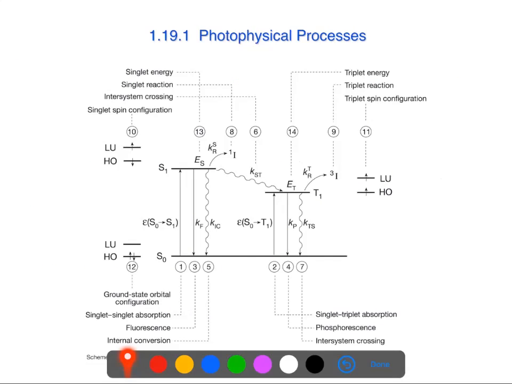So as we just mentioned, in a state energy diagram, we highlight three important states: the S0, which is the ground state of the reactant R, and the electronically excited states S1 and T1, S1 representing the lowest singlet excited state, and T1 representing the lowest triplet excited state.